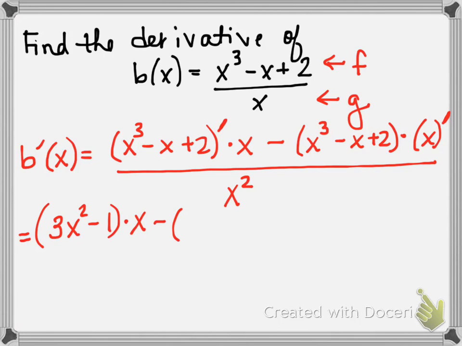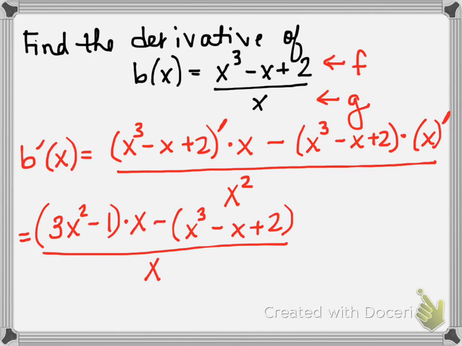So I'm subtracting x cubed minus x plus 2. If you ask me why I'm still putting that in parentheses, it's because I have this minus sign here, and I'm subtracting all of x cubed minus x plus 2, and so I don't want to forget about that. And then of course all over x squared.